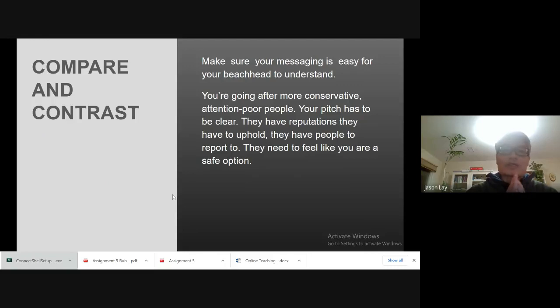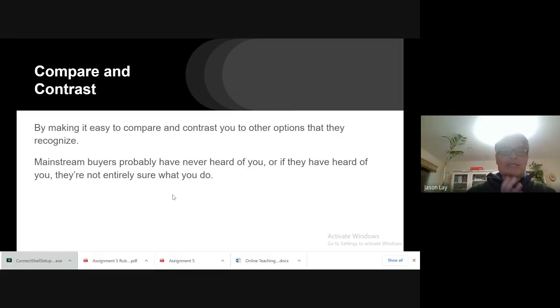So it's really important that you're able to get your message across about why they should switch to your product. And by making it easy to compare and contrast you to other options that they recognize, since mainstream buyers probably have never heard of you, or if they have, they're not entirely sure what you do, right?